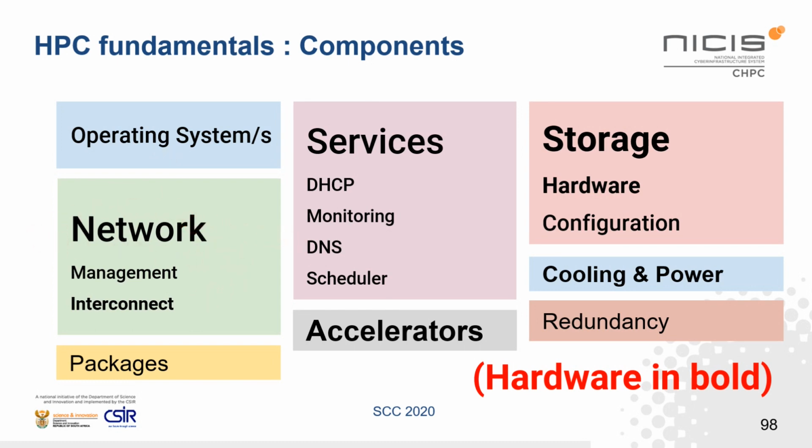In particular, the management server will also run various services, such as DHCP, monitoring, DNS, a scheduler, and so on, and we will talk about those again in the chapter on the software stack. The system might also offer various HPC software packages. You might have some nodes that use accelerators, and these are a hardware component. There'll need to be a storage subsystem, and that will require both a physical hardware as well as a specialized configuration of that hardware.